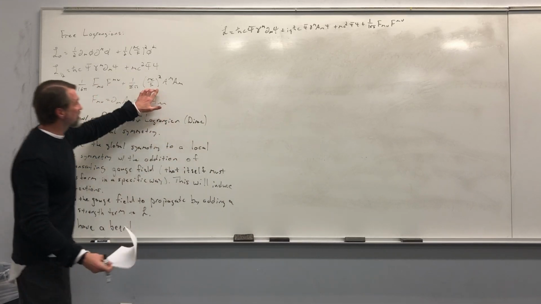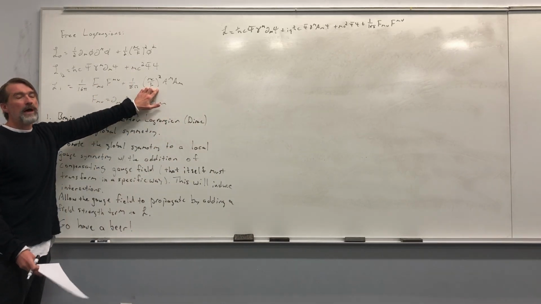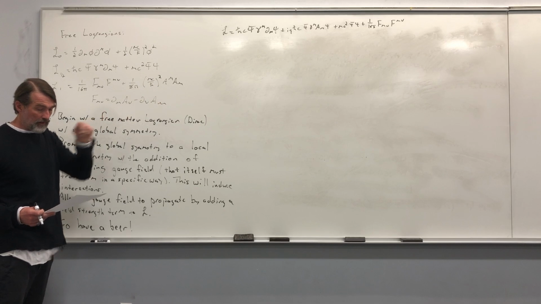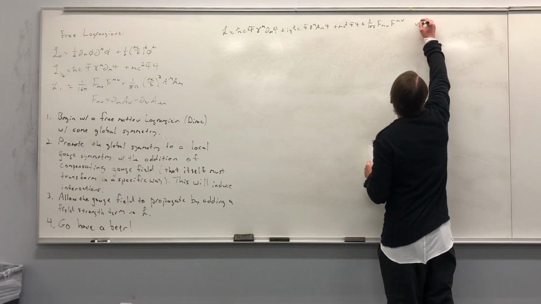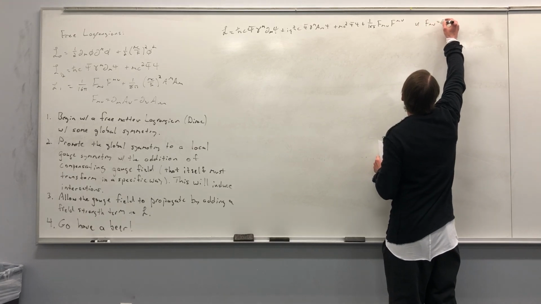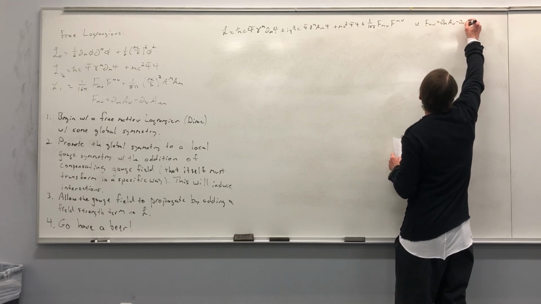Remember we're leaving off this term because if it's not massless, this thing is not invariant. Where of course F mu nu is d mu A nu minus d nu A mu.